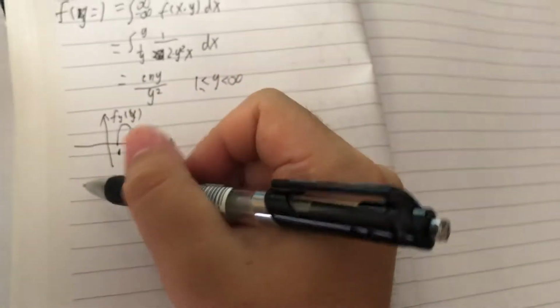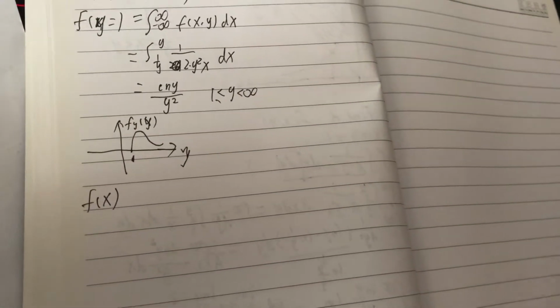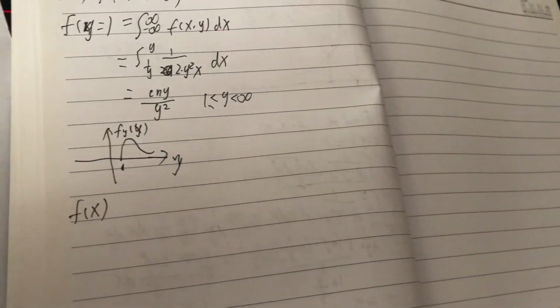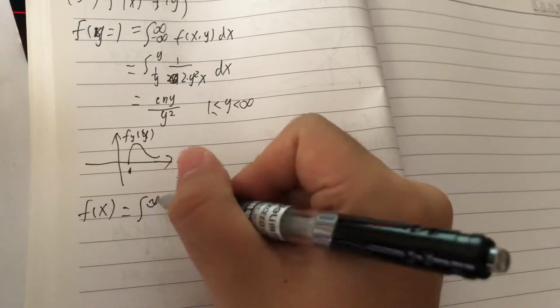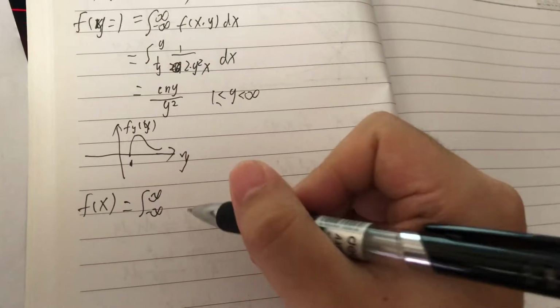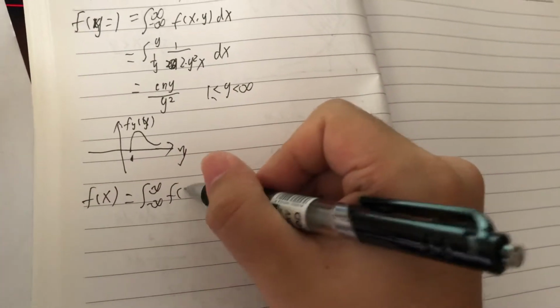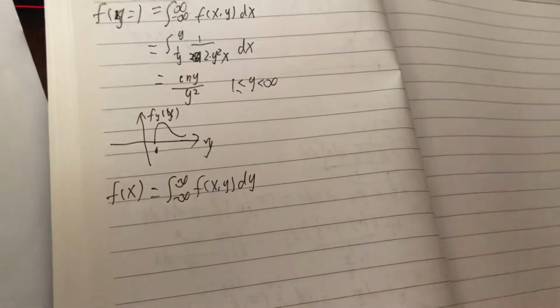Also, fx. For the fx, it is a little bit complicated, because for the x, we have two situations. The fx equals the integral from negative infinity to infinity of fxy dy. That's the function.